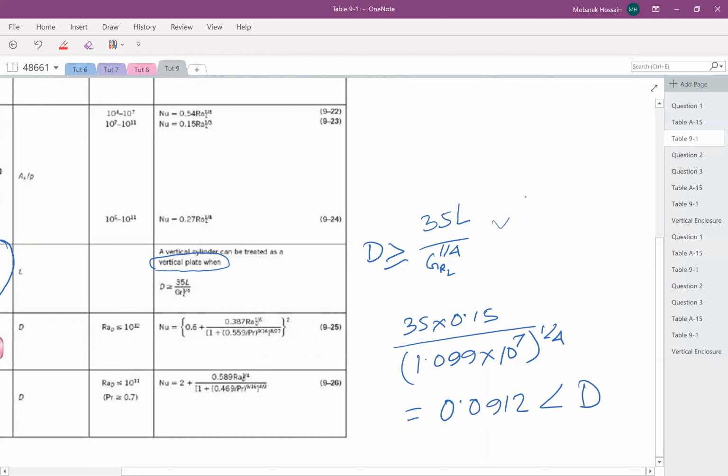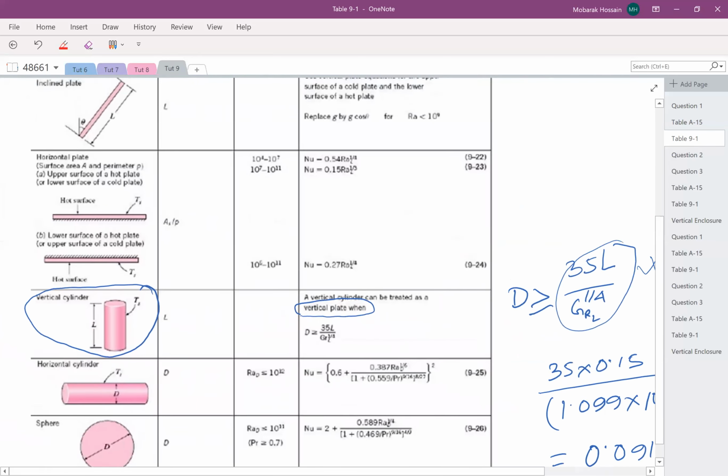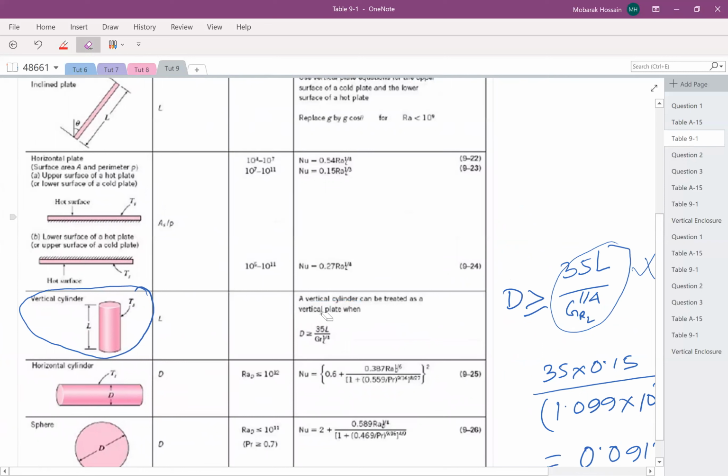That means this problem satisfies this condition. Our diameter, yes, 100 millimeters, is higher than this value. So now, being higher, we can treat this problem as a vertical plate.